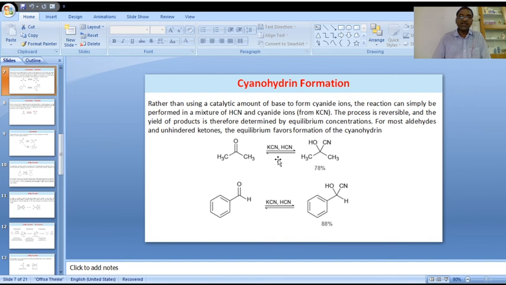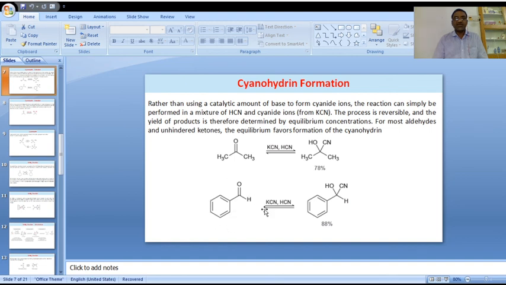Aldehydes generally favor formation of cyanohydrins.